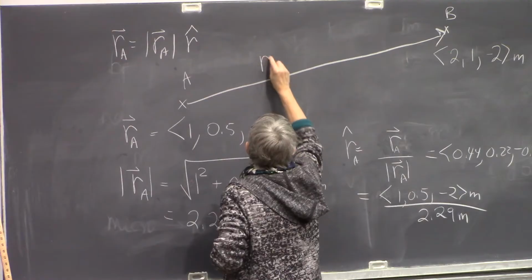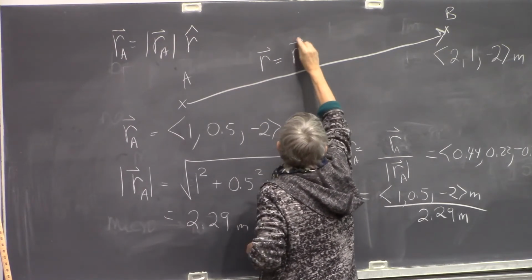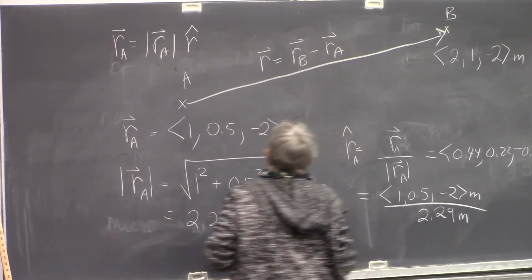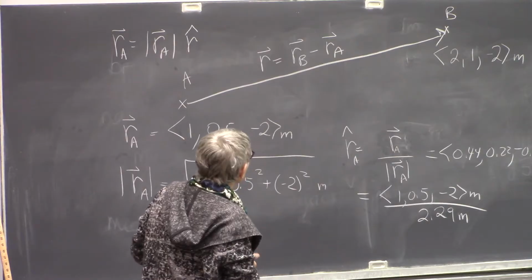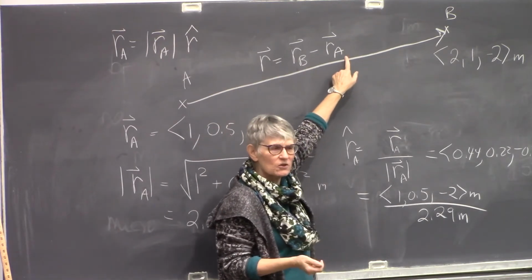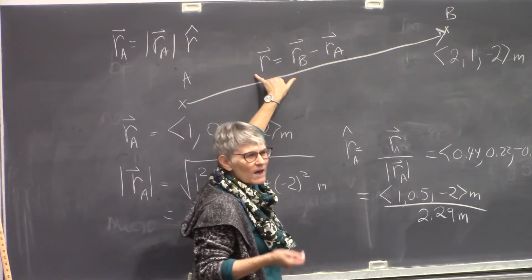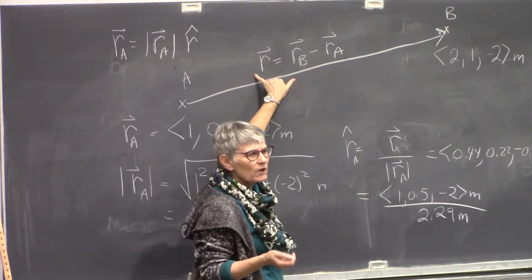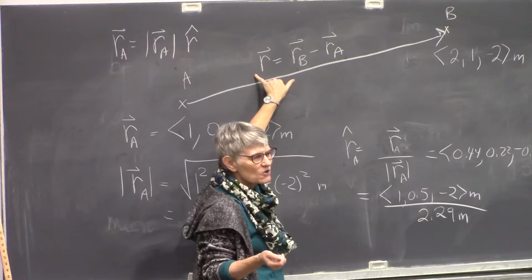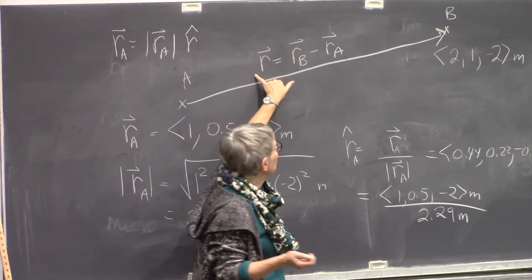This vector is r sub B minus r sub A. So it's always final location minus initial location, final minus initial. We've in the past called vectors like this delta r, but we're going to end up calling this typically r, our symbol for a relative position vector this semester.